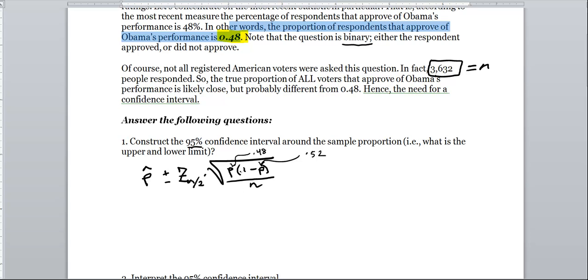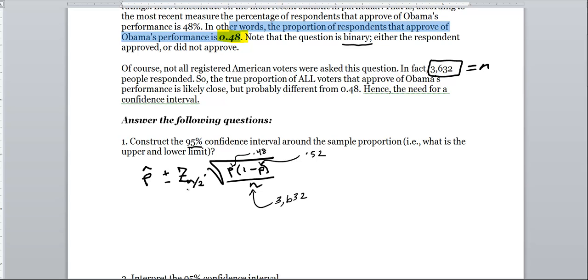And the largest possible numerator in this fraction will make for the most conservative interval. So to do this in the most conservative way, regardless of what you get for p, plug in 0.5. I'm going to calculate it this way because the textbook has it this way. But of course, if we plugged in 0.5, since our sample proportion is so close, it's not going to matter in a significant way anyway.